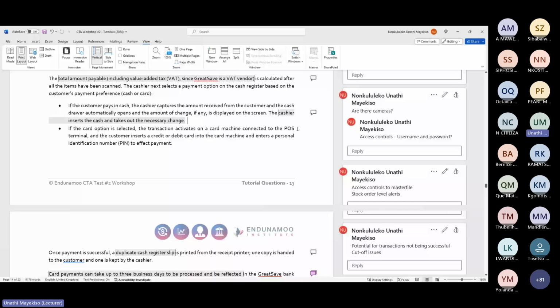The machine is connected to the point of sale system, so the point of sale system tells the machine how much the customer needs to pay. Like at Checkers, which is a big enough store, the teller doesn't put the number in the card machine. She presses something on the screen and it automatically shows on the card machine, and then it says insert, tap or swipe.